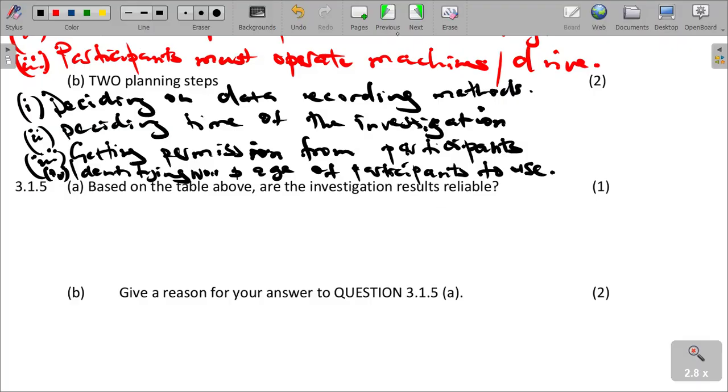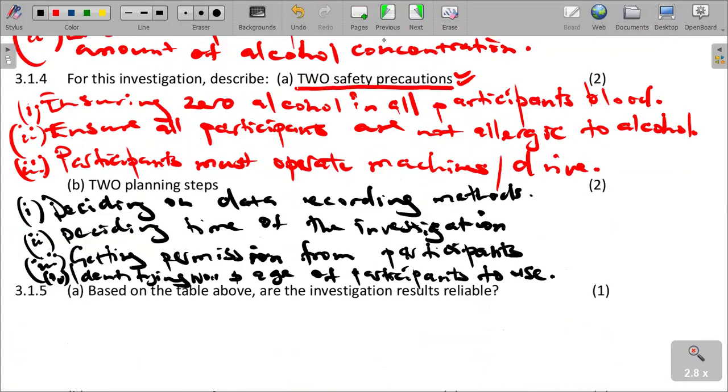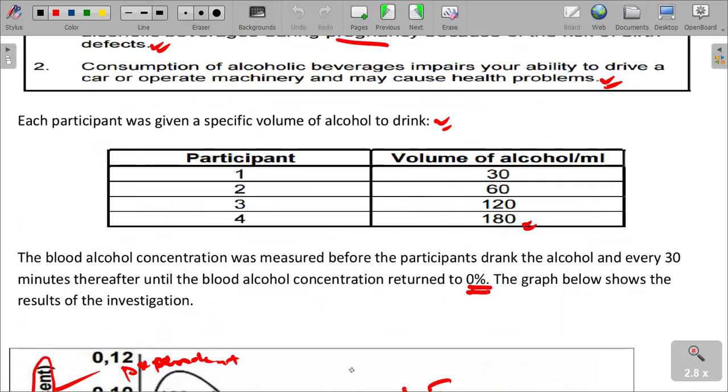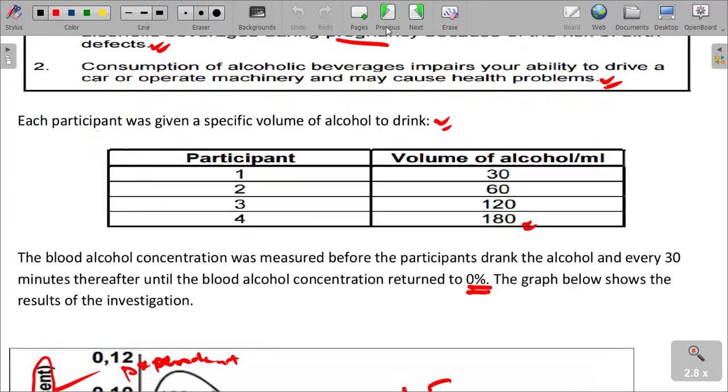We want to look at the results on the table.